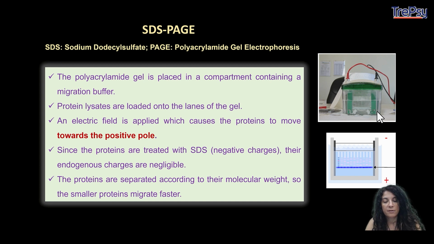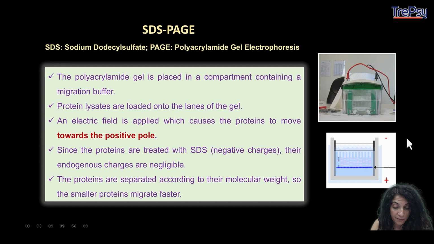Since the proteins are treated with SDS, which gives a negative charge, the endogenous charge is negligible. The proteins are separated according to their molecular weight, so the smaller proteins migrate faster.